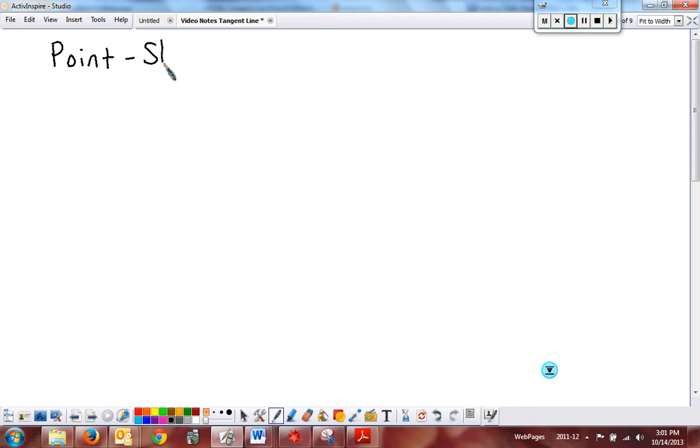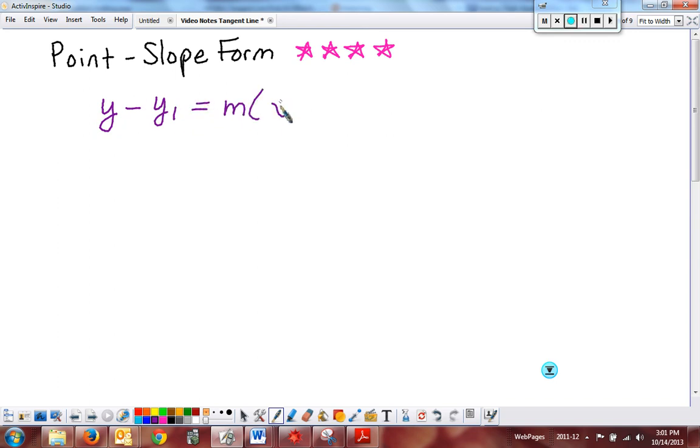We have our point slope form. And I want you to put a big star by this one, because this is the form of a line that is actually most preferable and actually the least work. On AP, you want to be making sure that whatever you do, it takes the least amount of time. And what you want to think about here in point slope formula, let's remind ourselves what this is. Usually it's y minus y1 equals m times (x minus x1).